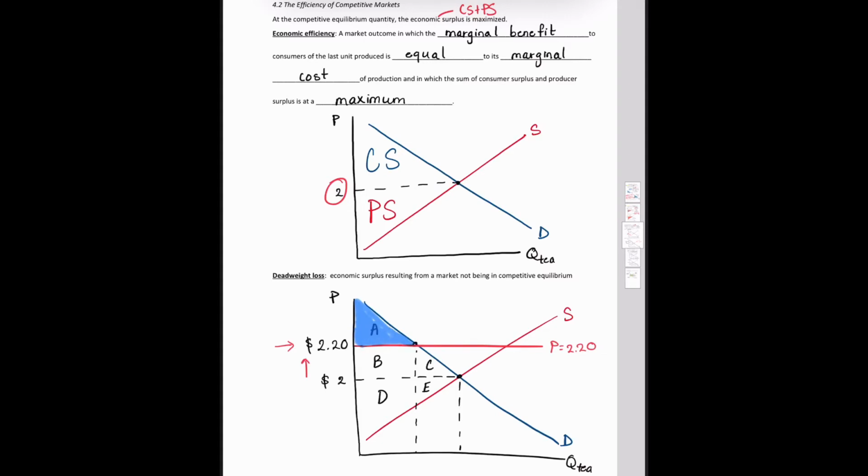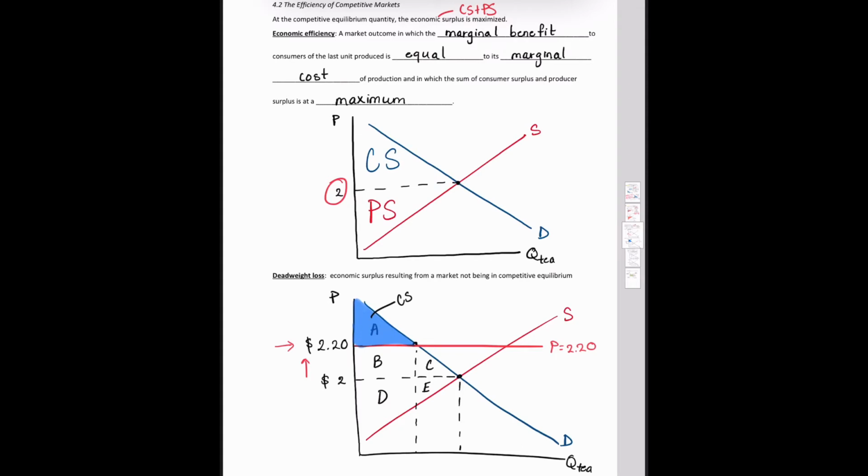So this area A in blue is going to now represent our new consumer surplus at price 220. Producer surplus is everything above the supply curve but below the price.